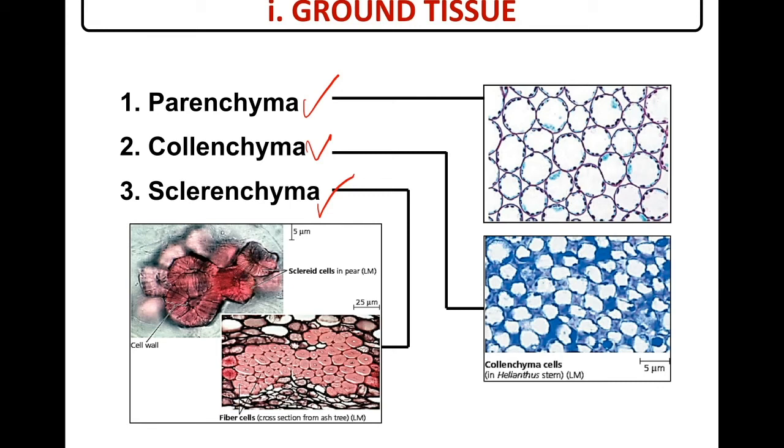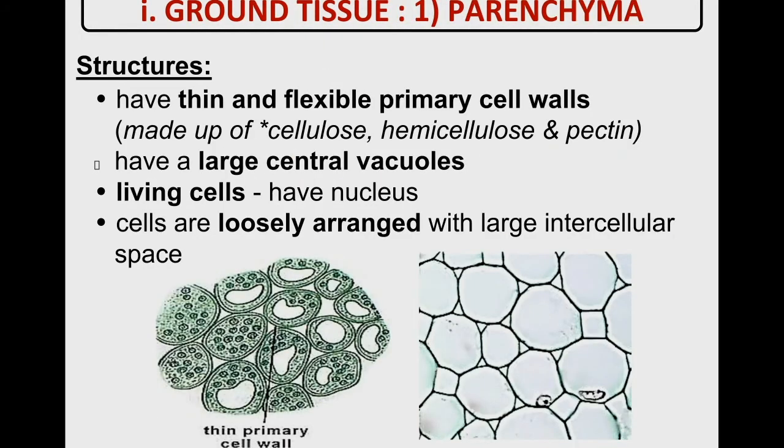So for the parenchyma, it's a simple cell. If you look here, it has thin and flexible primary cell walls. So bentuk dia tak sekata. And they have a large central vacuole.